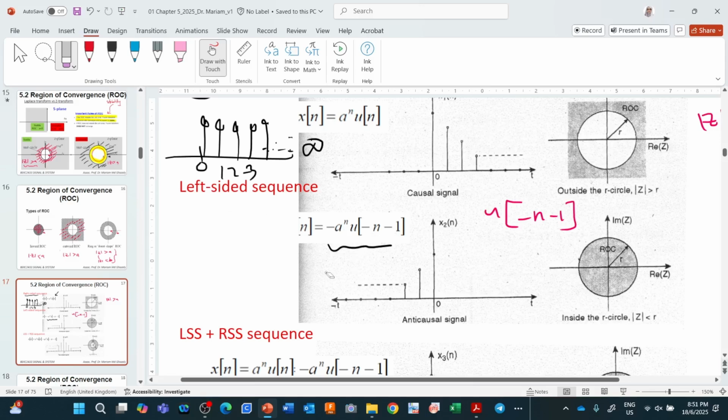For the left-sided sequence, don't look at a^n, look only at u[-n-1]. If you plot this, what do you get?